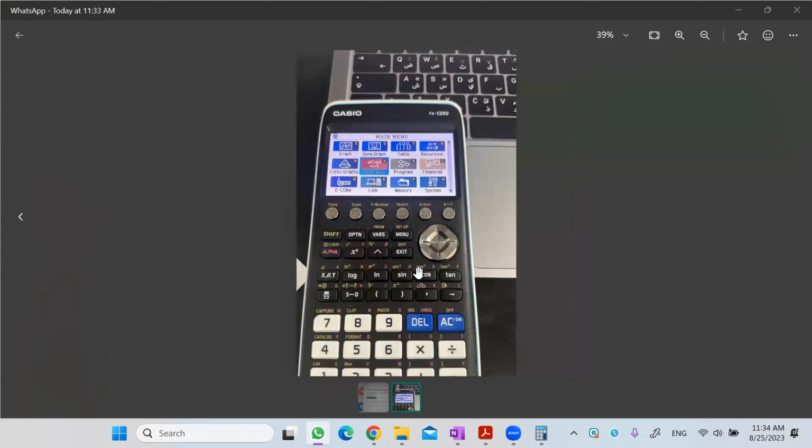Normal solving. Is it equation? No, not equation. Try the equation. It shows simultaneous, polynomial solver and solver.